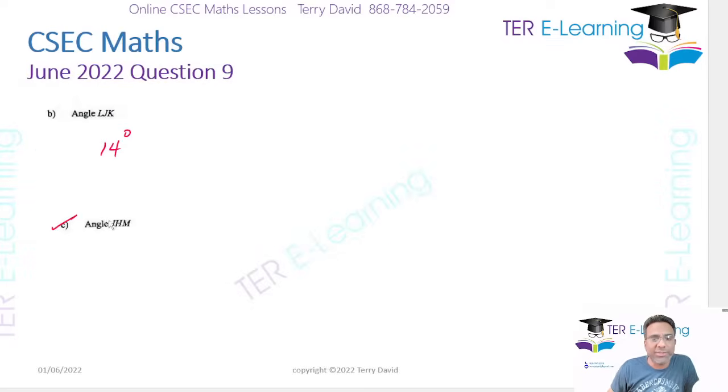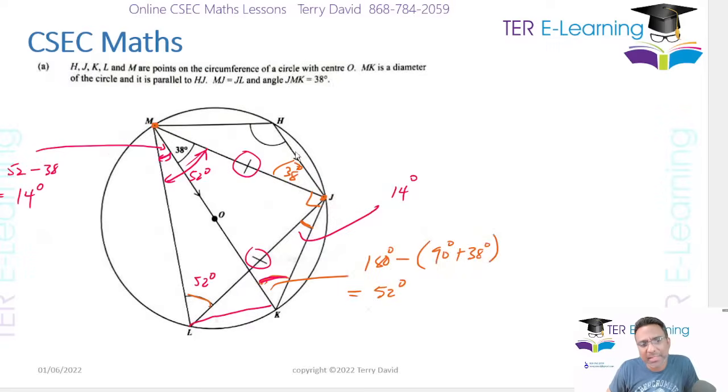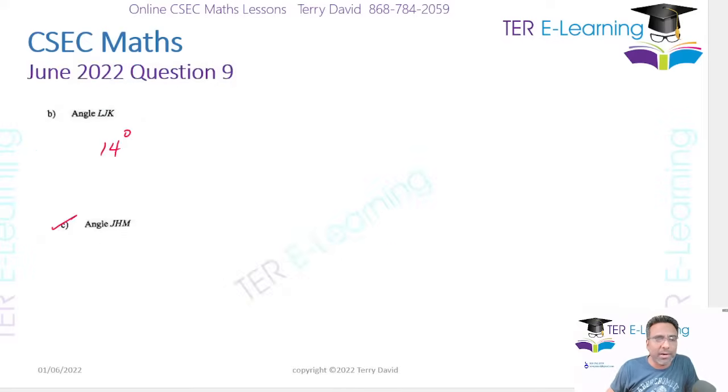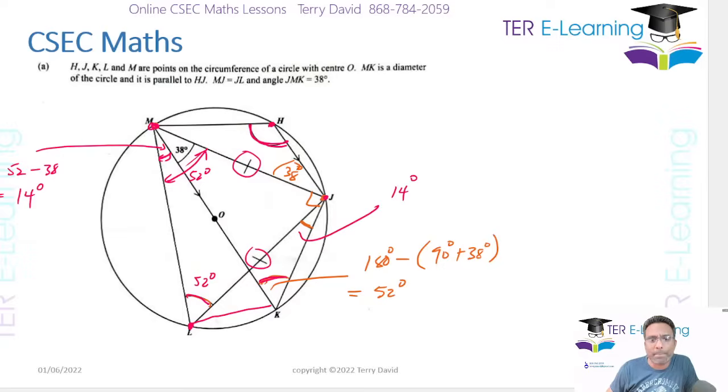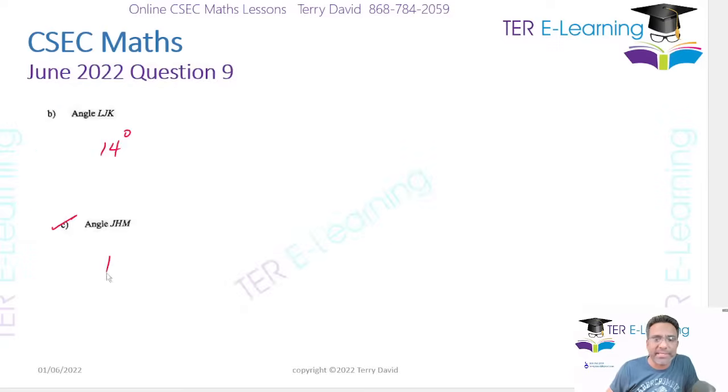And the last one here, JHM. Where is JHM? That's this angle here. If you notice something here, this and this form a cyclic quadrilateral. So therefore, this 52 plus this angle must add up to 180. So that angle would be 180 minus 52, and you're going to get 128.